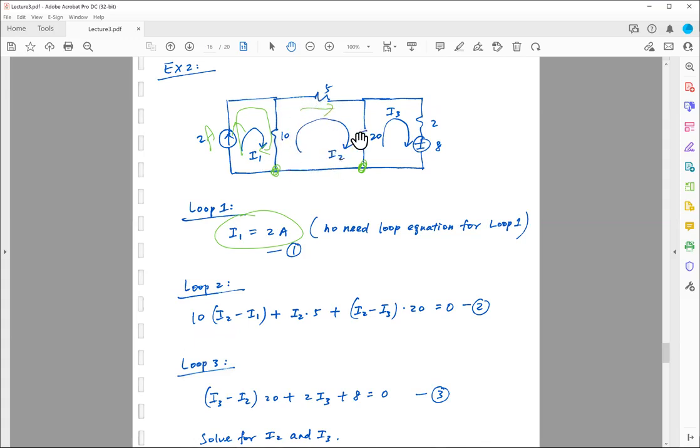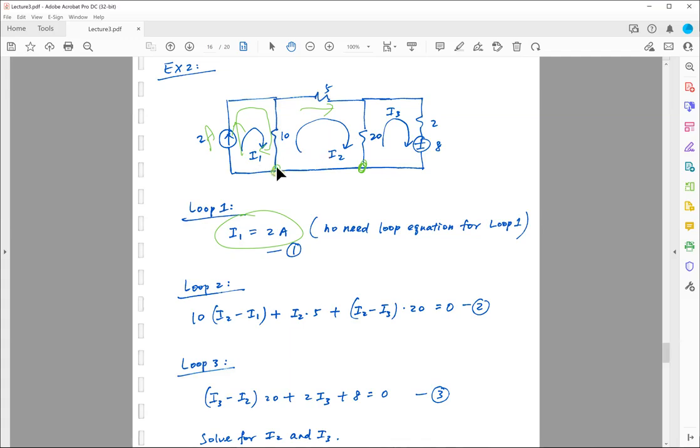I use clockwise just because this is my personal preference. When we talk about KVL, I always start from the bottom left, and then I go clockwise. But you don't have to. You can do counterclockwise if you want, but you just have to be consistent.